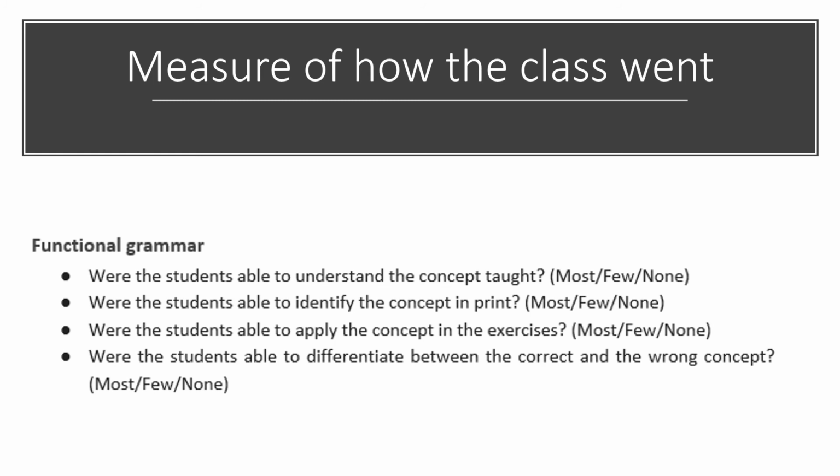If few children in the class were able to achieve it, they may either need a repetition or maybe a little different approach. If none of the children in the class were able to achieve it, well, you know that the level is too high for them and we may need to do some kind of foundation or prepping up exercise.